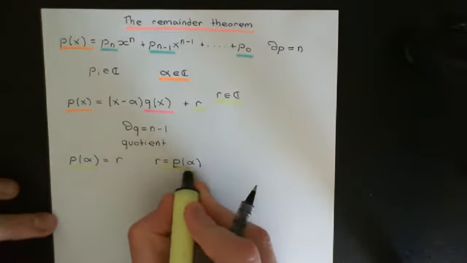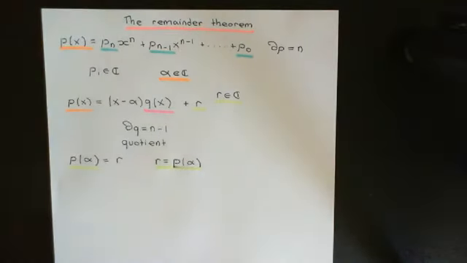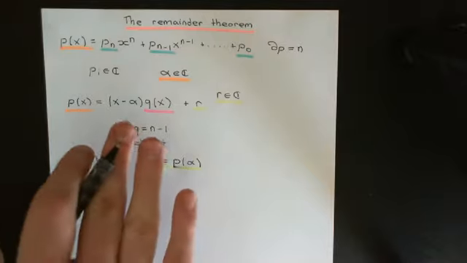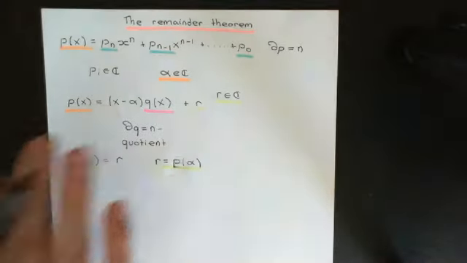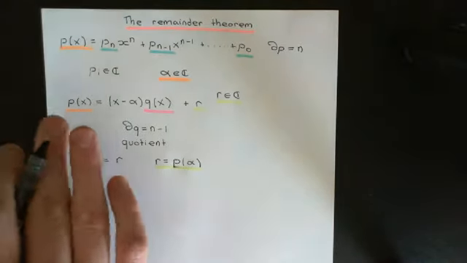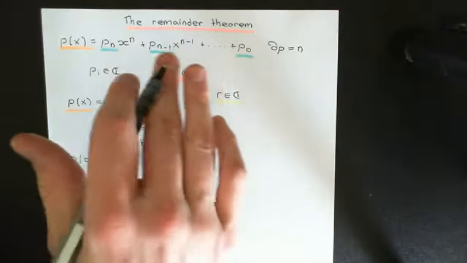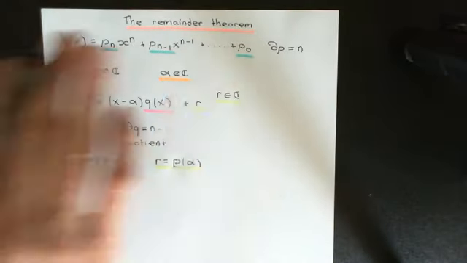So there is your explicit formula for what this r value is in terms of alpha. That's the remainder theorem, that you can take any polynomial, and this polynomial needs to have a degree either 1 or bigger.